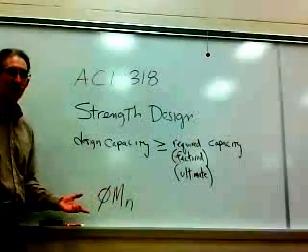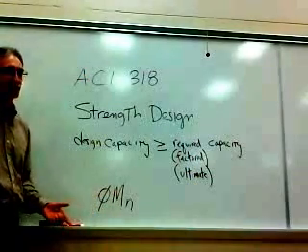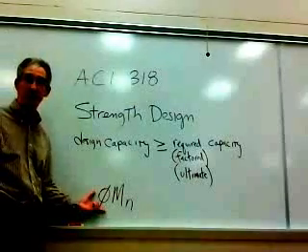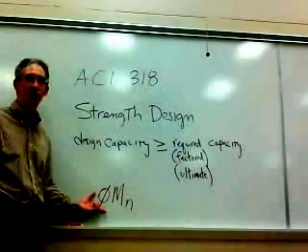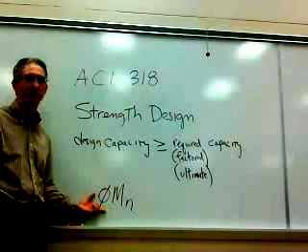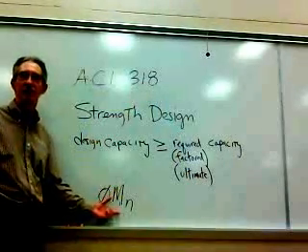Where have you seen that before? Steel. If you're looking at steel and LRFD, that was the notation, wasn't it? Phi is what we call a resistance factor. Where's phi going to come from? Yeah, from the book, from the code, it's going to be given to you. What about Mn?